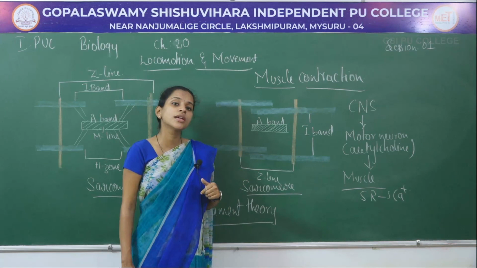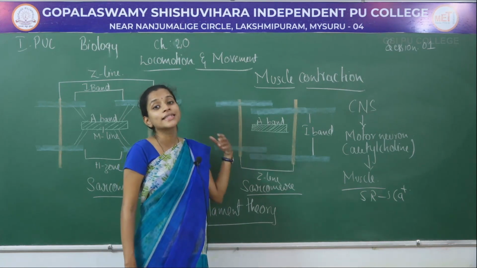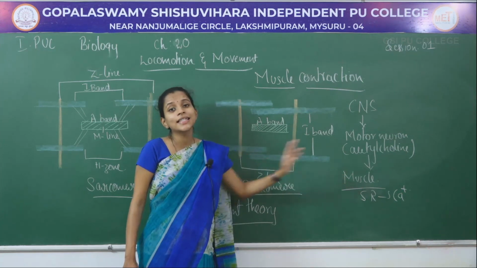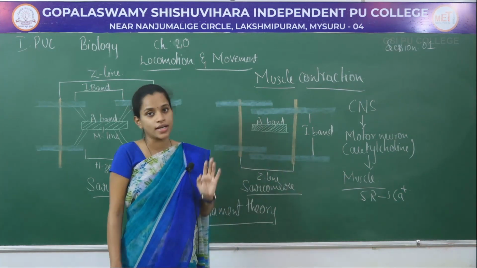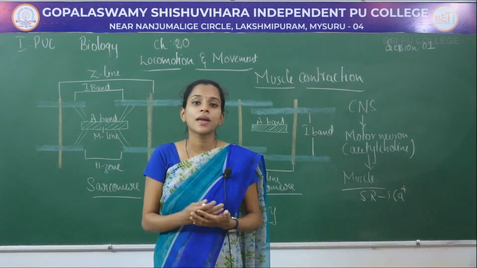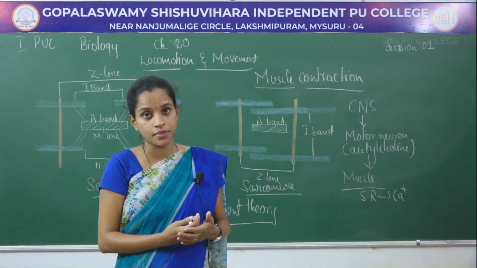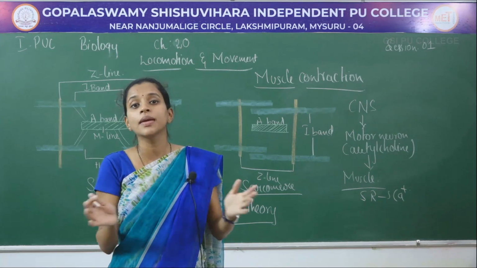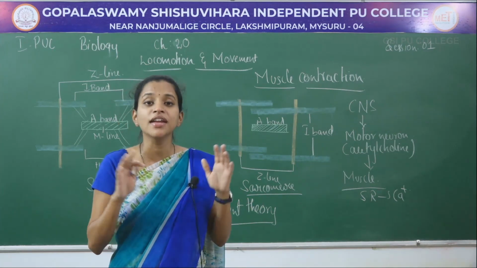Now what happens during relaxation? When there is relaxation, the sarcoplasmic reticulum's release of calcium will start to reduce. When the calcium reduces, what do the troponin molecules do? They will not be engaged with the calcium, they are free.